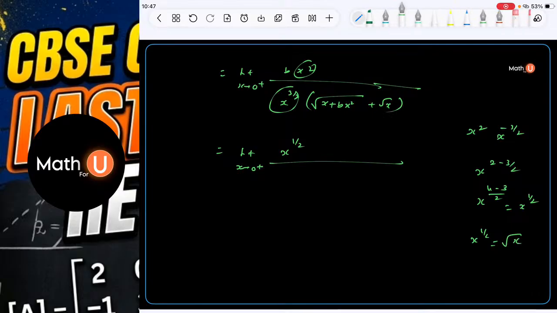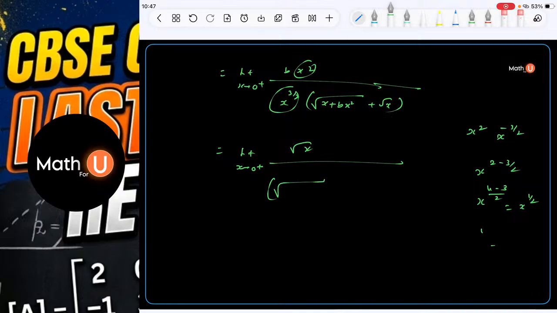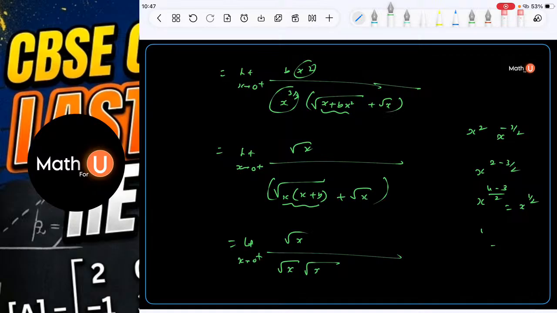In the numerator I will write this as square root of x. In the denominator, I can take x common, I will get square root of x times square root of x plus b plus square root of x.